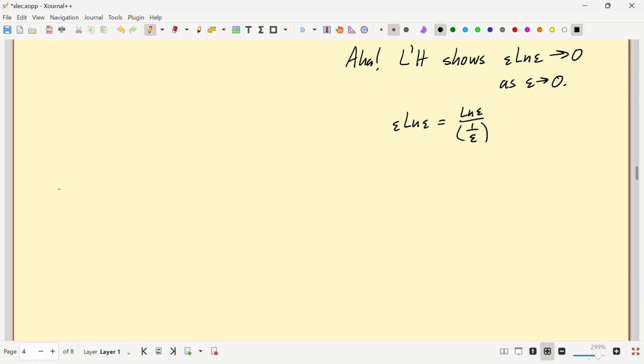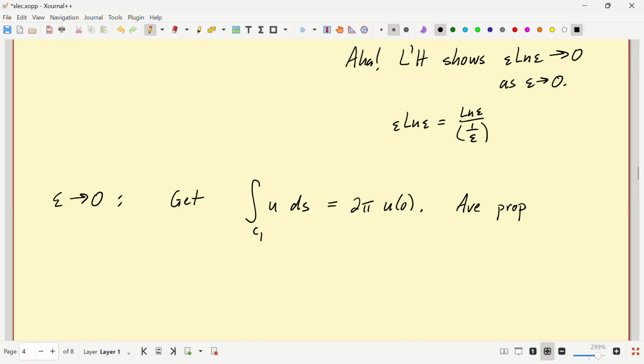So finally, after we let epsilon go to 0, we get that the integral around the outside of u ds equals 2 pi times the value at 0. And that's the averaging property. I proved it for the unit disk, but of course it works for any disk. Once you know it for the unit disk, you can scale it and see it for any disk.